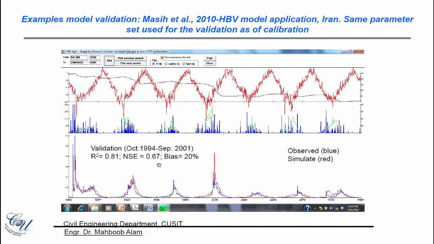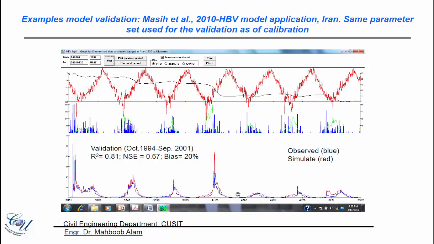It shouldn't decrease too much. For example, when you look at the time series, you would still observe that your model is performing quite nicely, but these numbers are showing you the real performance of your model. This is still a very valid, or let's say acceptable, performance of a model. In validation, the coefficient of determination of 0.81 and the Nash-Sutcliffe efficiency coefficient of 0.67 is still very good.